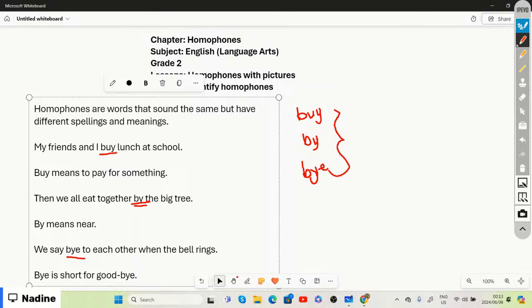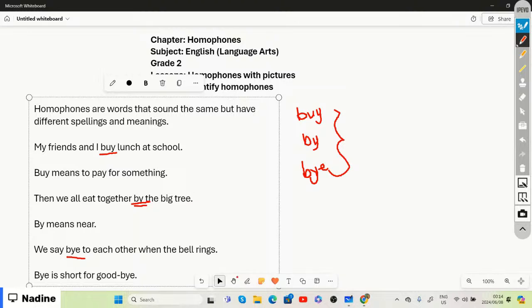So the first one, buy, is where you're paying for something. You're giving the money to the shop owner, and the shop owner is going to give you the goods or the items that you bought. So we have homophones that sound the same, but they have different spellings and the meanings are different.